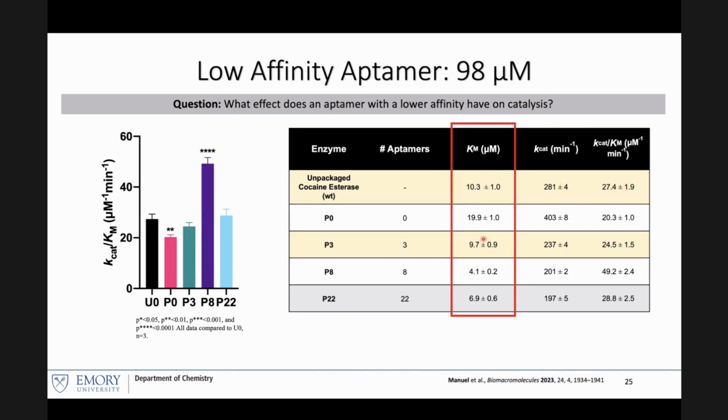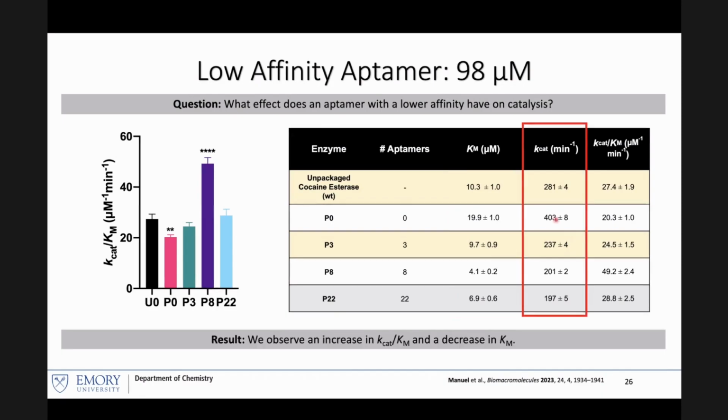We see that after P0, our enzyme Km goes down, right? And of course, it goes back up at P22. We're hypothesizing here that this is going down because we are now sequestering that cocaine in close proximity to our enzyme. And then successfully, as you can see, we do not get much change to our Kcat here.